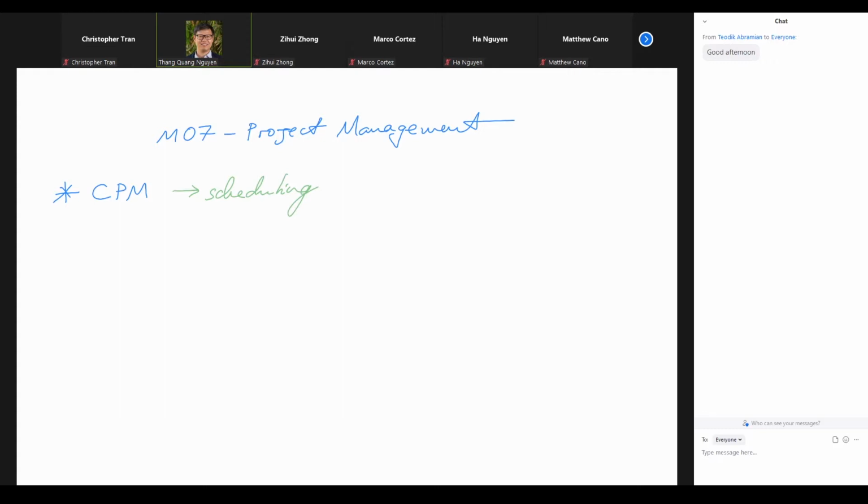So the example one more time is a wedding example. The wedding example on slide 40.